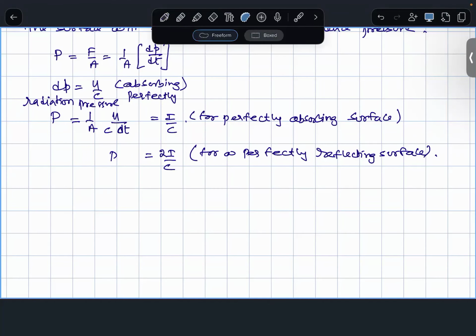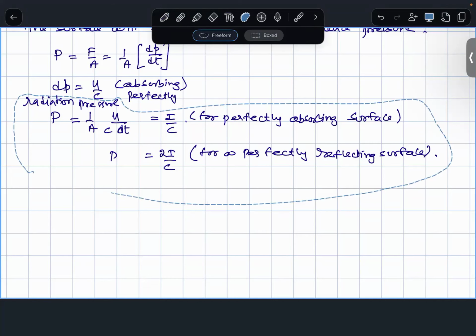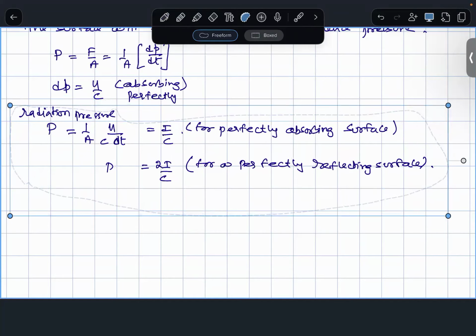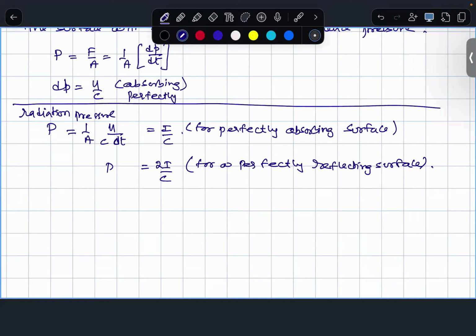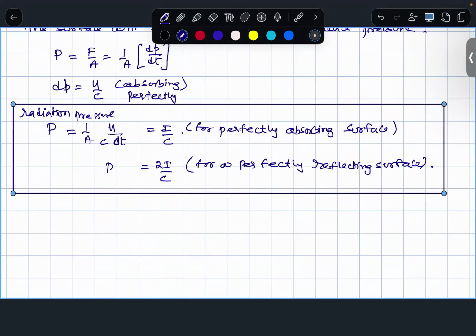These are very important terms. Only that you need to directly substitute. Nothing else.